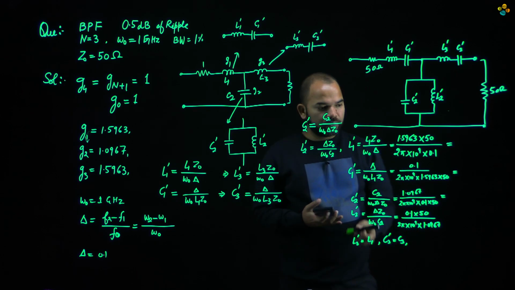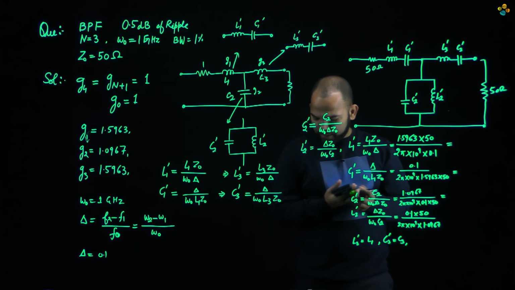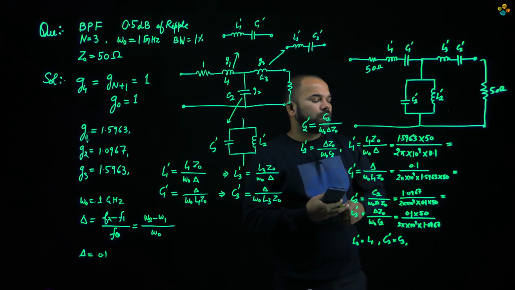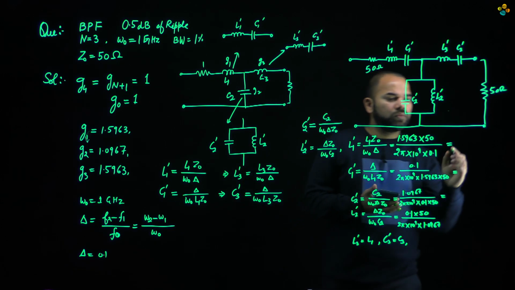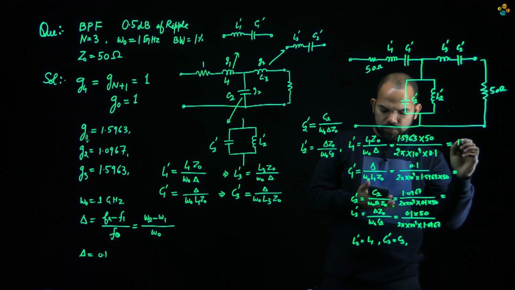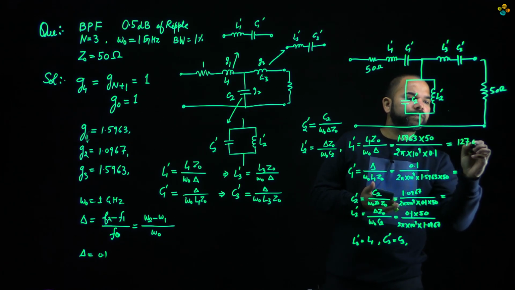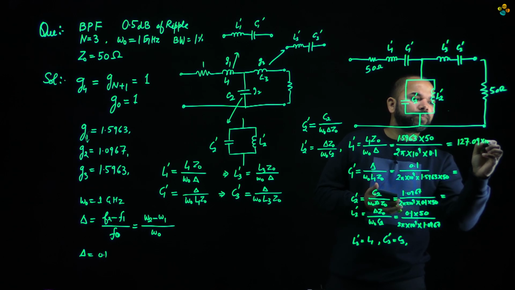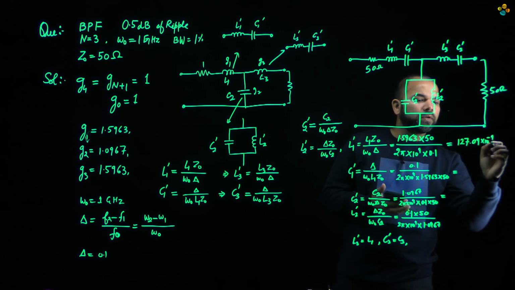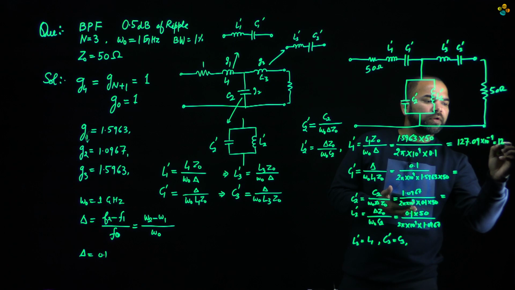So this comes out to be 127.09 into 10 to the power minus 9, which can be written as 127 nanohenry.